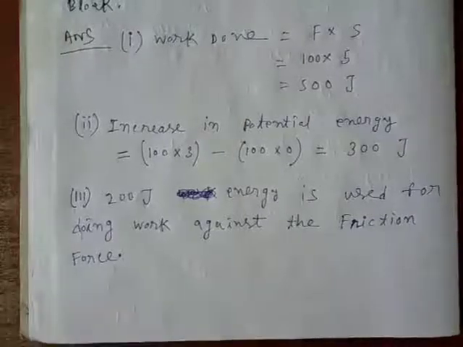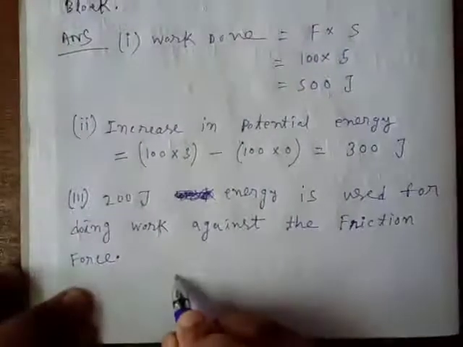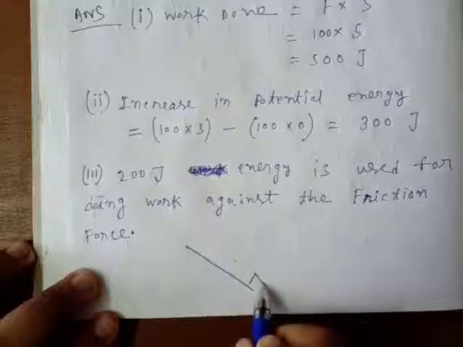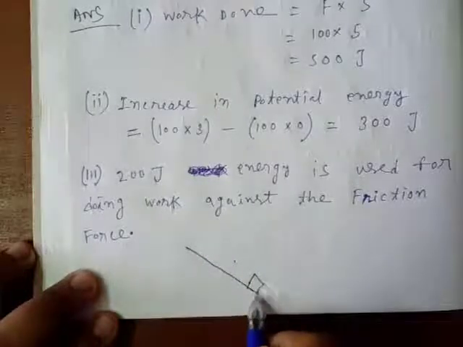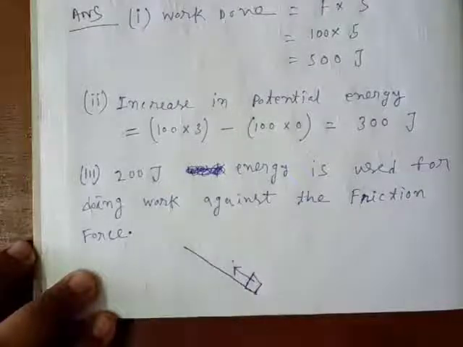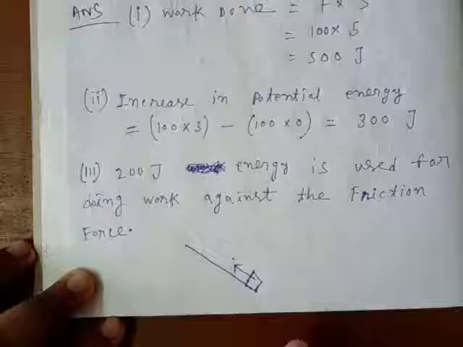Okay, now let me discuss what frictional force is. When that body moves along the inclined plane in that direction, the frictional force always acts opposite to the body's motion.